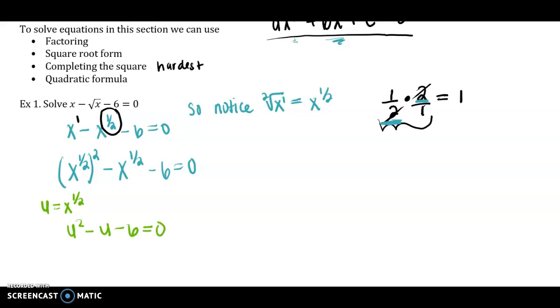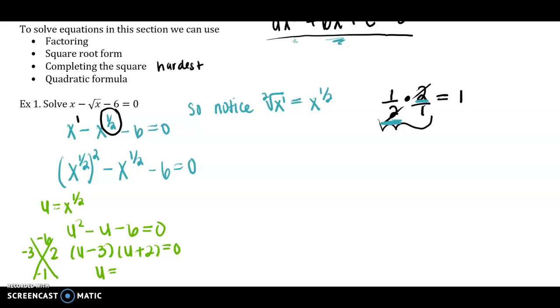So wherever you see an x to the 1/2, you're replacing it with u. Okay, now I'm going to try to factor this or use the quadratic formula. I always try to factor if I can. So what two numbers multiply out to -6 and add up to -1? -3 and 2? Yep, that works. So u minus 3, u plus 2 equals 0.